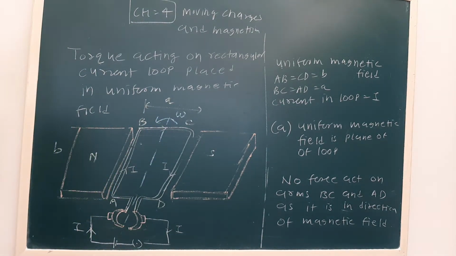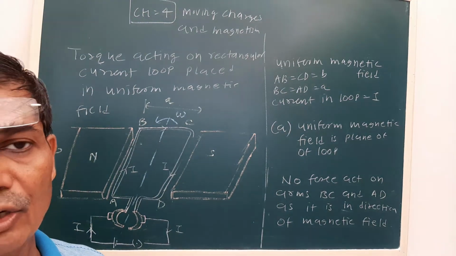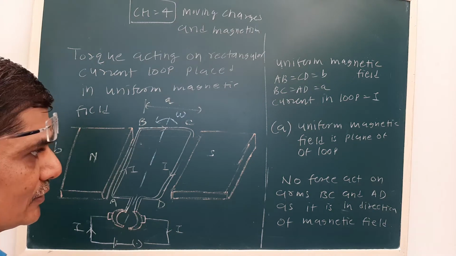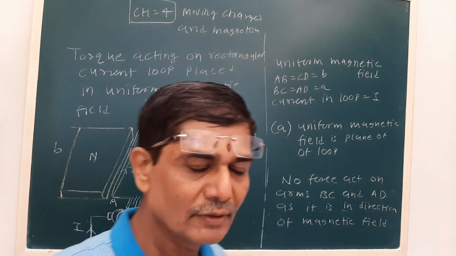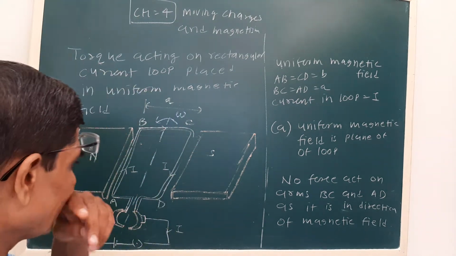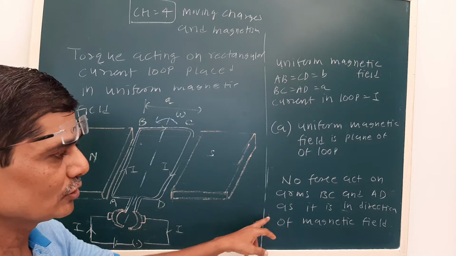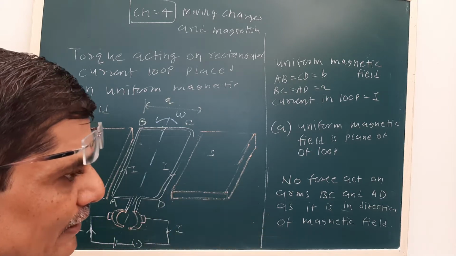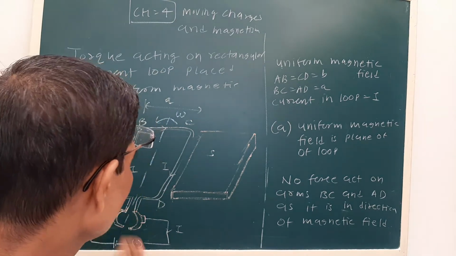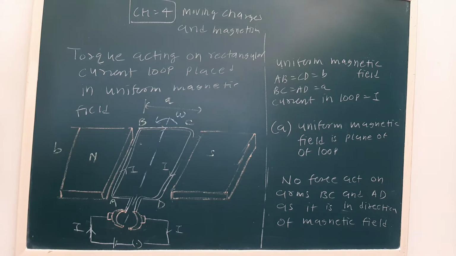We studied the equation of force, F = I dL cross B. Here I dL and B are in the same direction, so theta is 0, and sin 0 is 0. That's why the force acting on arms BC and AD of the loop is 0.